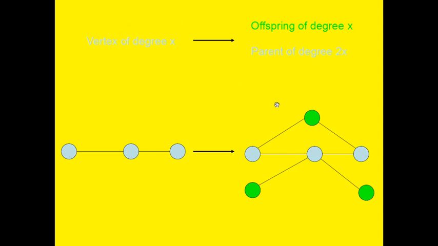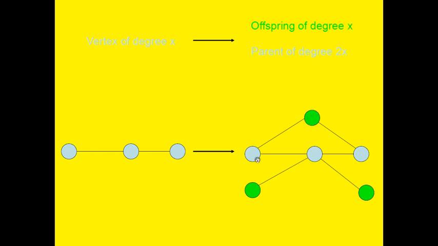Well, it tends to be quite easy to actually make a formula for that, because if you think about it, if you have a vertex of degree x, in other words a vertex with x connections, then when you update the system, that vertex is going to have an offspring who gets the same neighborhood as its parent.